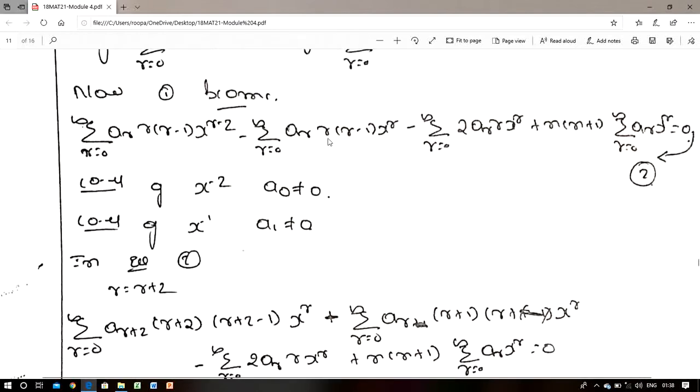Then in this equation, for all the terms we equate the power of x to the power of r. In the first term, replace r by r plus 2.